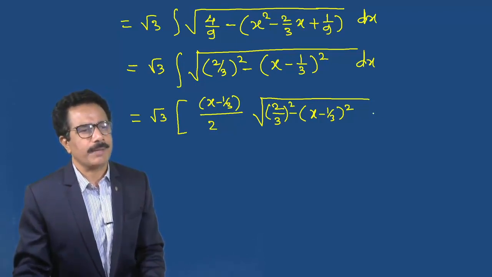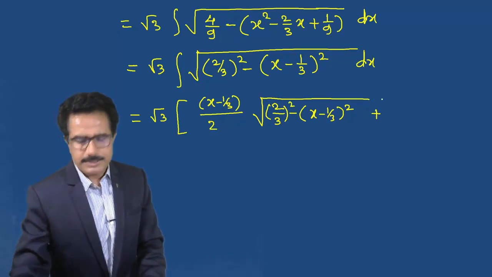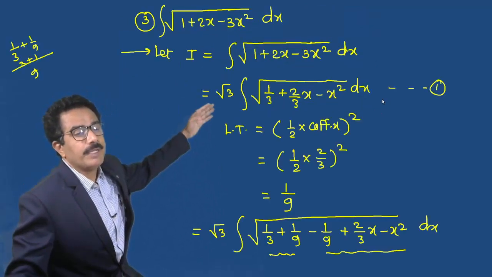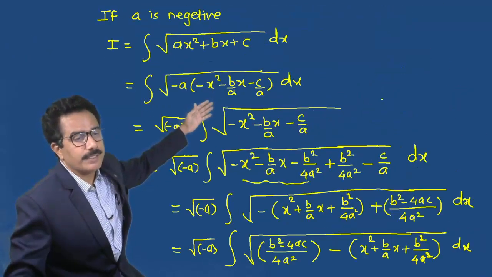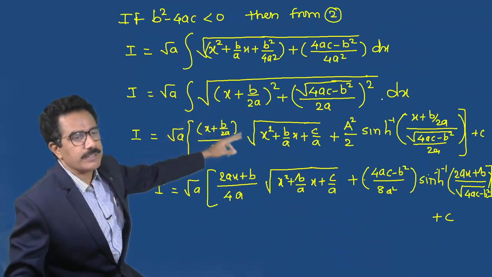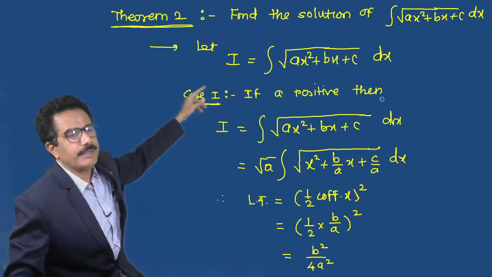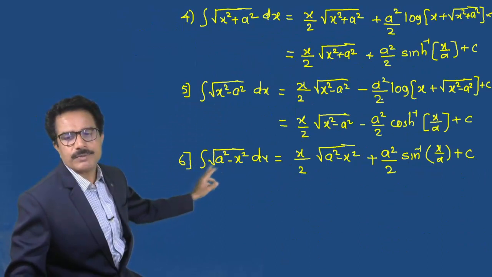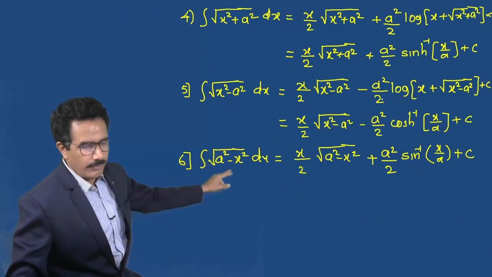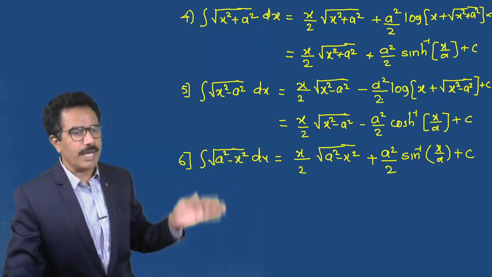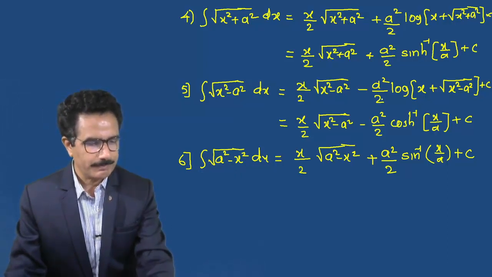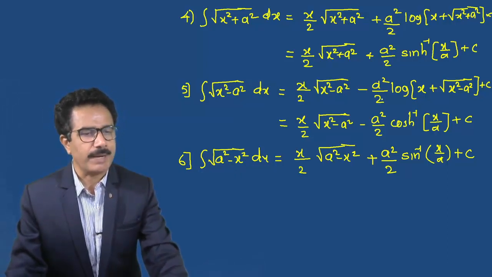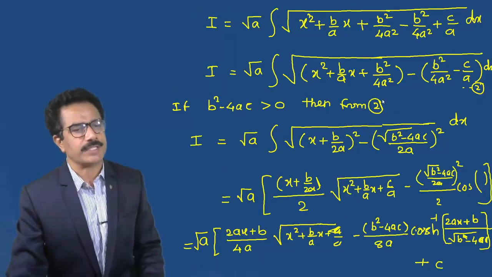a square minus x square, plus, see this, what is the formula? That is a square by 2 into sine inverse of x by a. I shall write this formula: x by 2 into root a square minus x square plus a square by 2 into sin inverse of x by a.